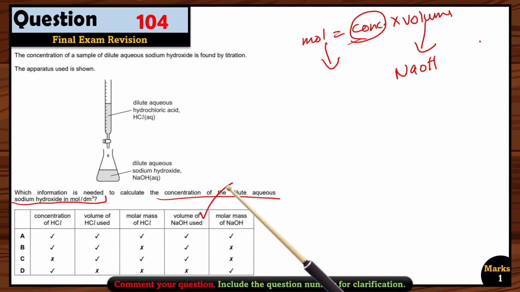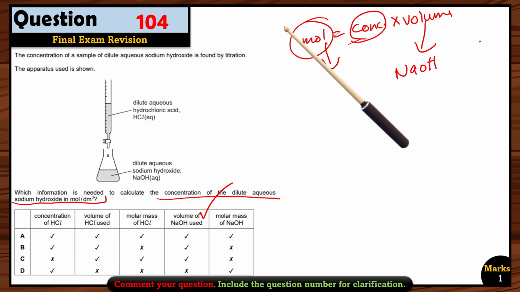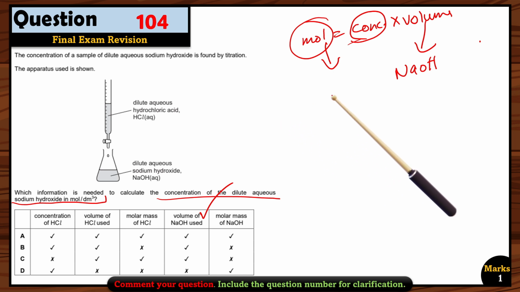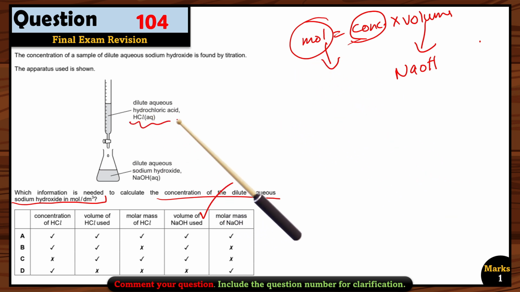Can you find the volume of NaOH used? Yes, we have it here. But can you find the mole of the NaOH? No, there is no option. So from where can I find the moles? From the equation. If I know the equation of this reaction and the moles of the acid I'm using, I can find the moles of the NaOH.